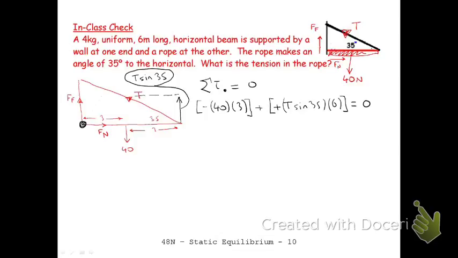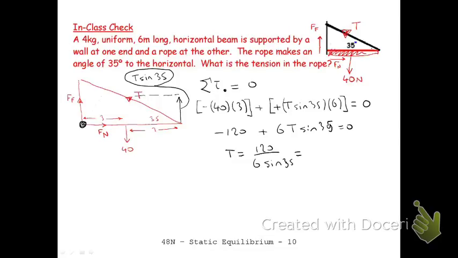Yeah. So we're going to say this is going to be minus 120 plus 6 times T sine 35 is equal to 0. So T is equal to 120 over 6 sine 35. What does that equal? Some number.